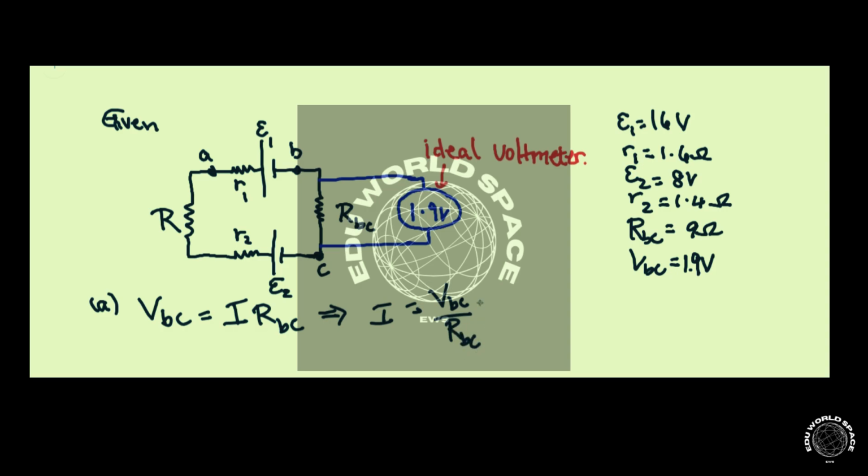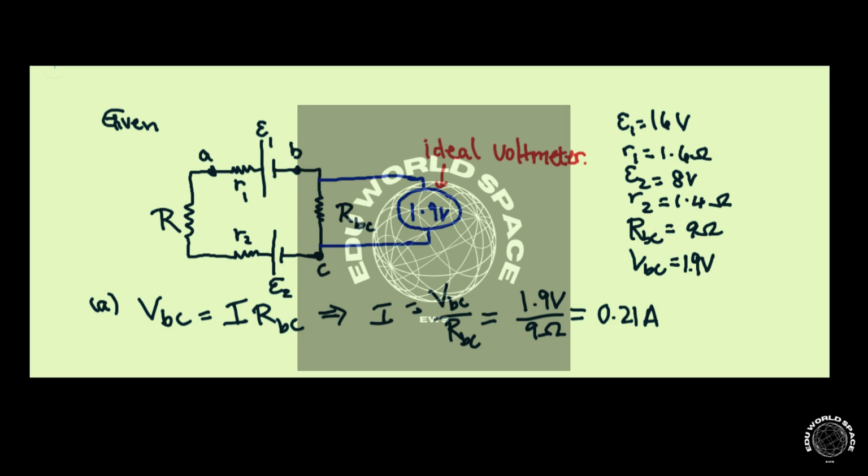And we're given both of these quantities. So we have 1.9 volts divided by 9 ohms, which is equal to 0.21 amperes.